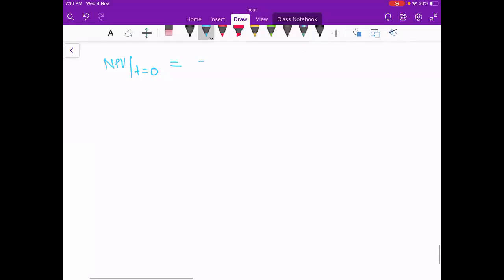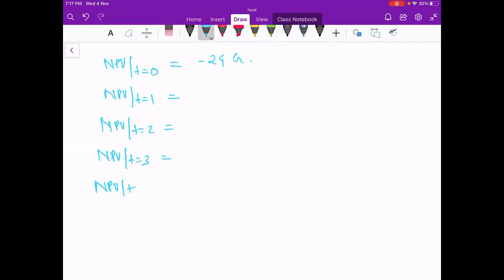Now in this question, suppose we want to calculate NPV at time t equals to 0. How much is it? Minus 24. So calculate it fast for NPV at t equals to 1. After that, calculate NPV for t equals to 2, 3, 4, and then 5.